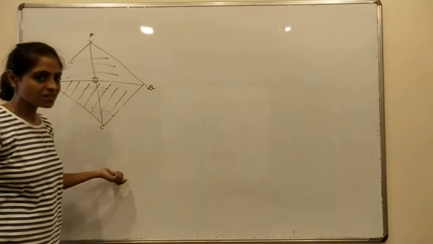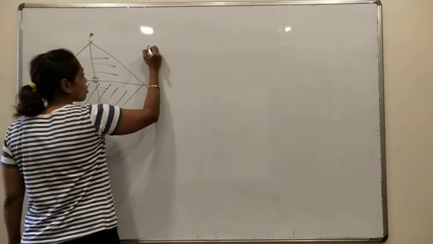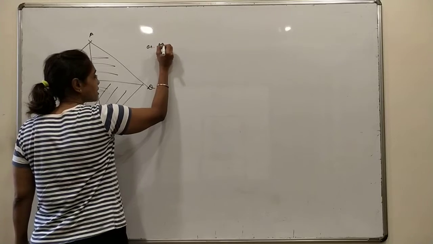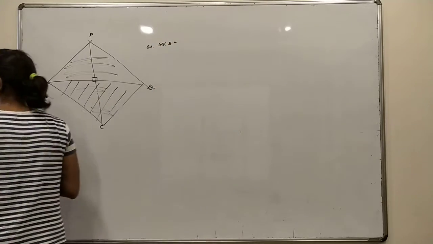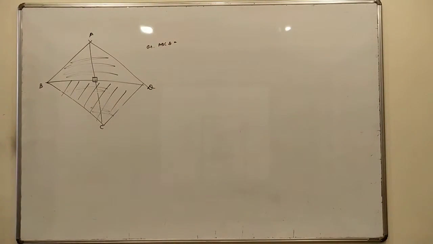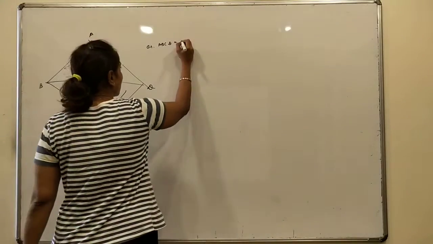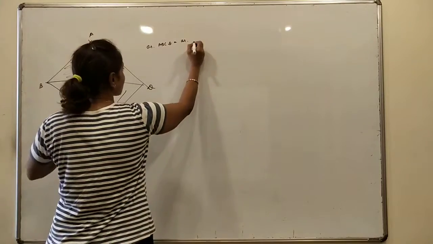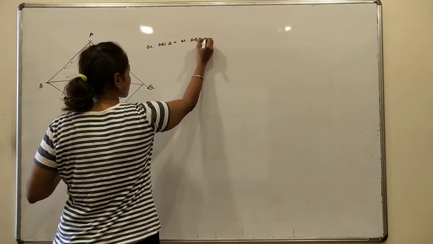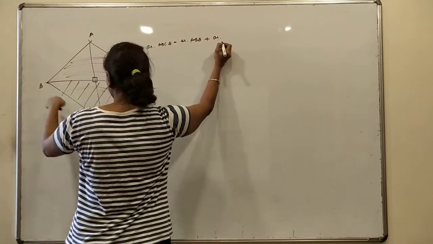Okay, perimeter is same. Area of ABCD equal to area of ABD plus area of BCD.